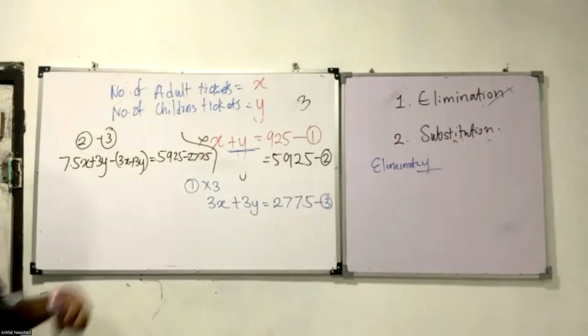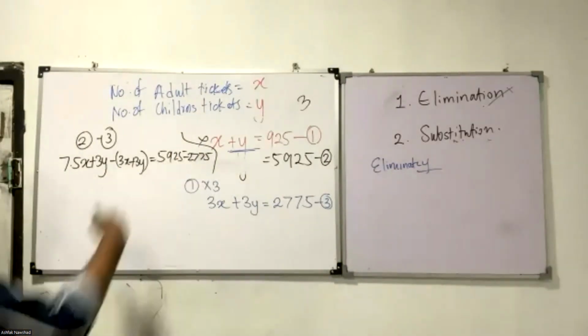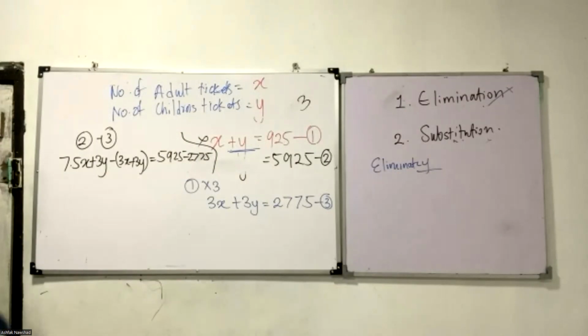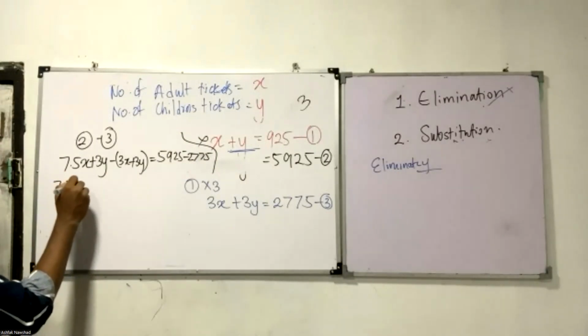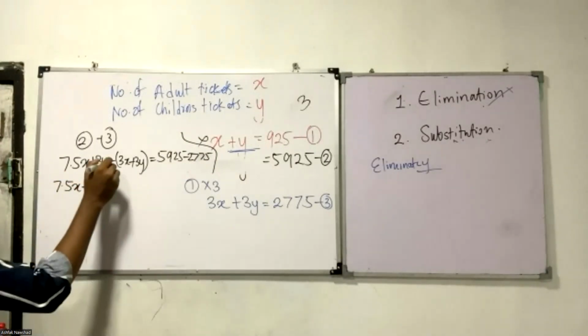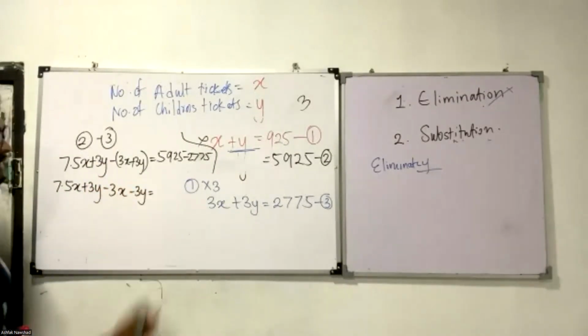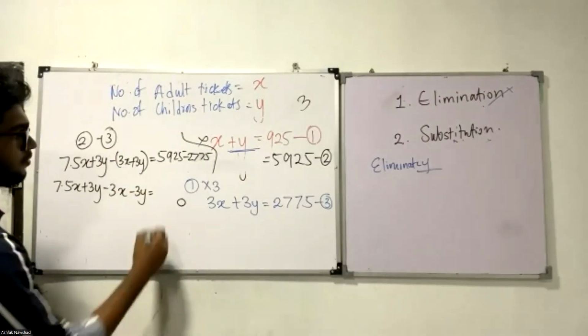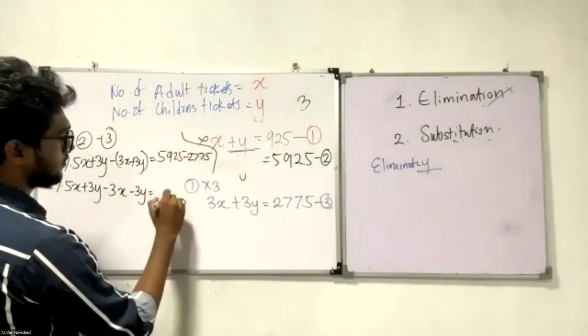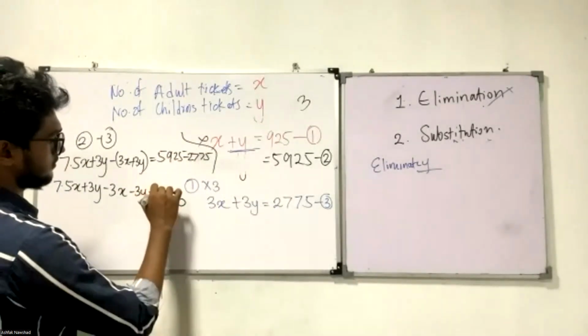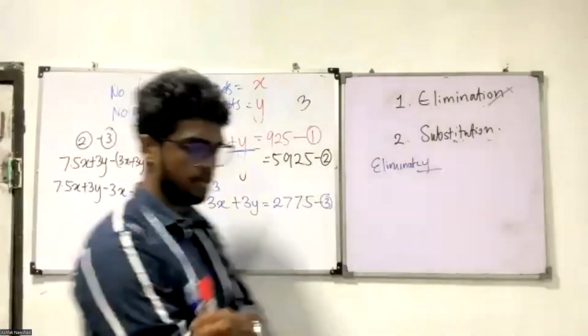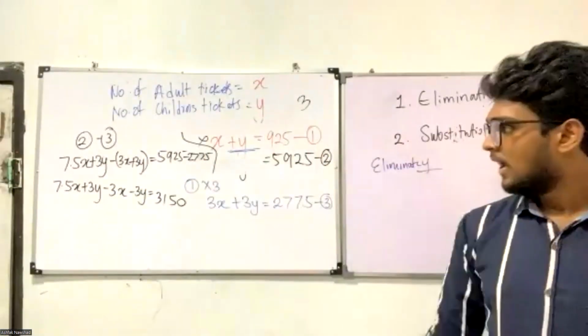So I just have to simplify. 7.5x plus 3y, the minus gets distributed, minus 3x minus 3y. That is 0, and 3150, right?